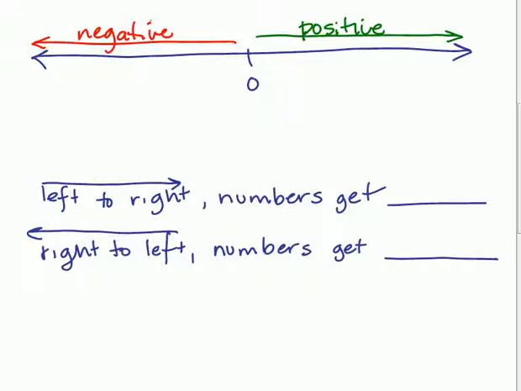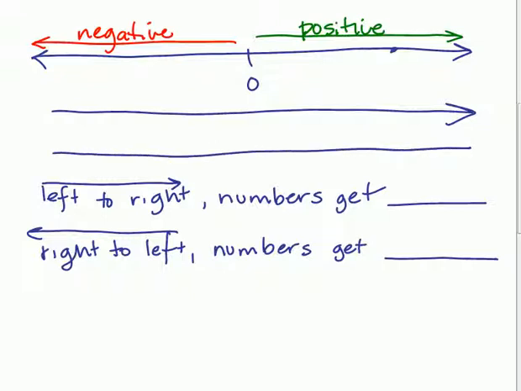One thing I'll point out too is whether you're in the negatives or the positive neighborhood, as you go from left to right, the numbers get bigger. So if a number's down here and another number is here, just by looking on the number line, you know this guy is bigger than this guy. Likewise, as we go from right to left, no matter where you are, the numbers get smaller.